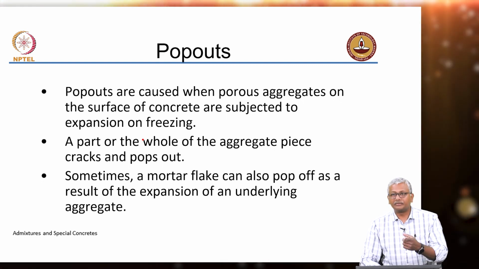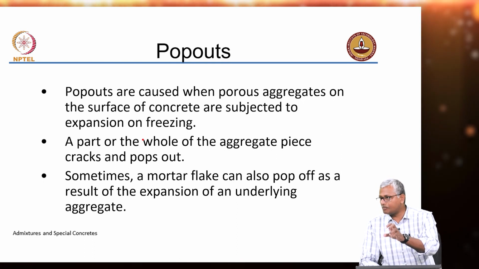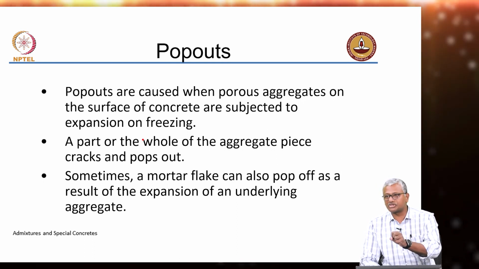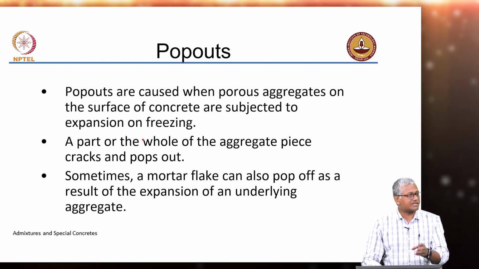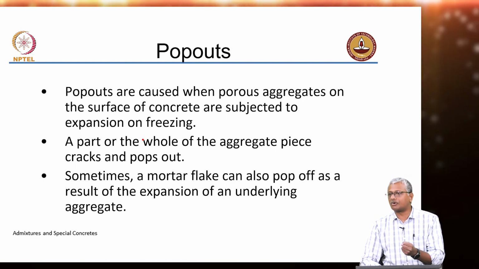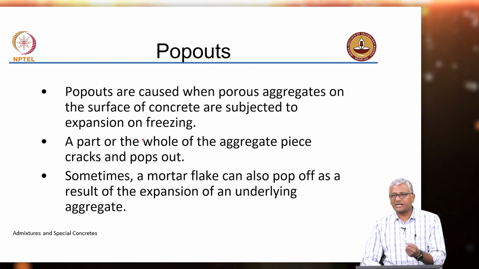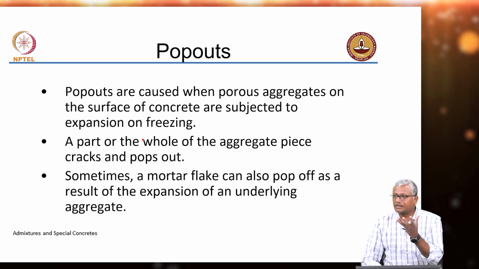So, the failure was cracking in the paste because of moderately porous aggregates which were absorbing moisture and leading to some expansion. In the case when aggregates have slightly higher porosity, if you have porous aggregates on the surface of concrete, what may actually happen is the aggregate itself may expand and get released from the mortar.